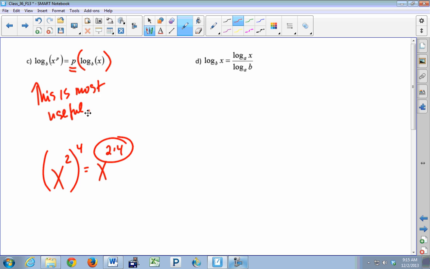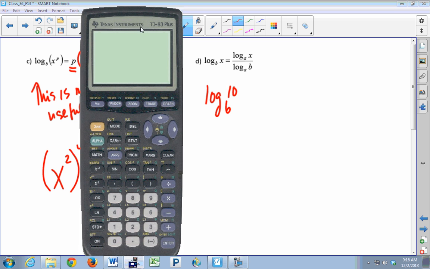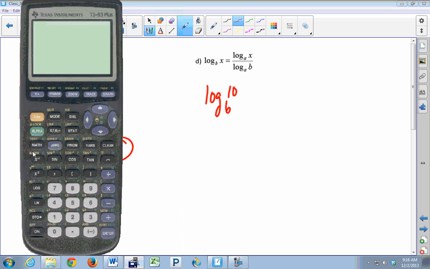Now, for those of you on Wednesday that were curious, how do you evaluate a log that we don't have the base for? For example, if we wanted to say log base 6 of 10, and we pull out our calculator, we realize that we couldn't evaluate that because our calculator only evaluates common log, which is base 10, and the natural log, which is base e.